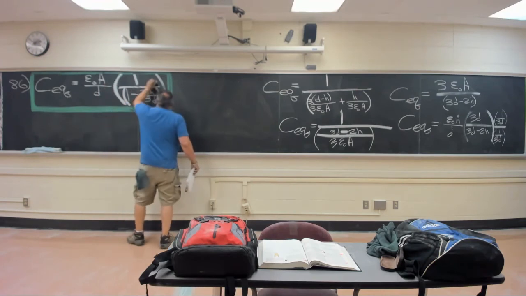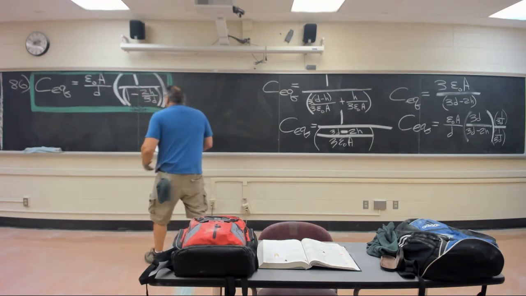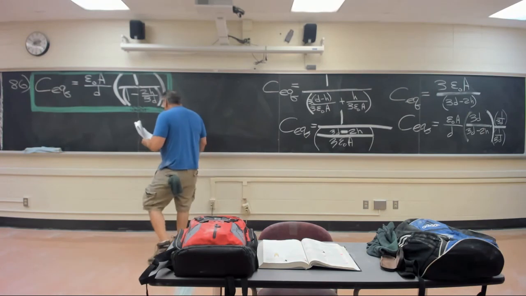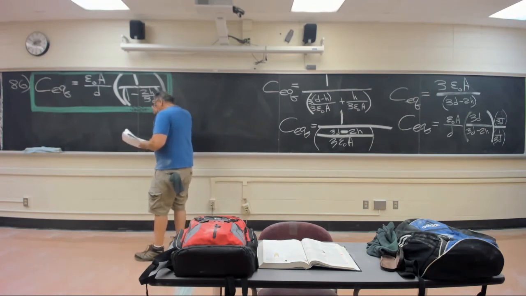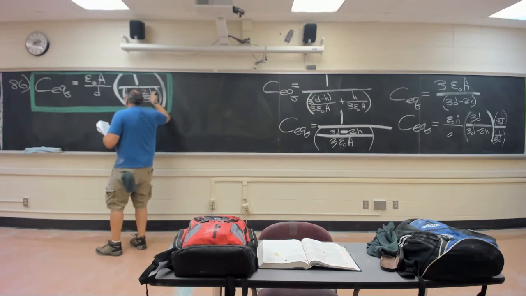You got it to here. You can calculate it the way you want to calculate it. They're telling us D is 1 centimeter, so you can make 1 centimeter 0.01 meters. H is whatever you're going to put in there.